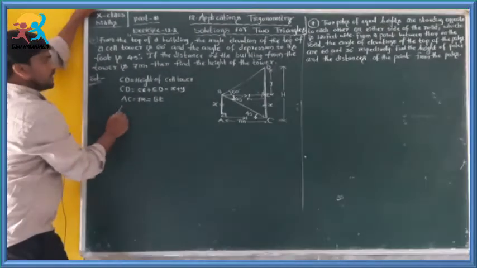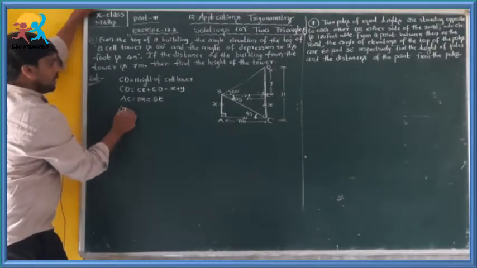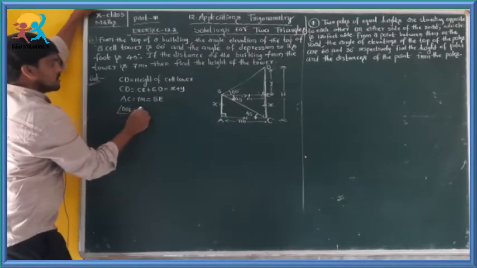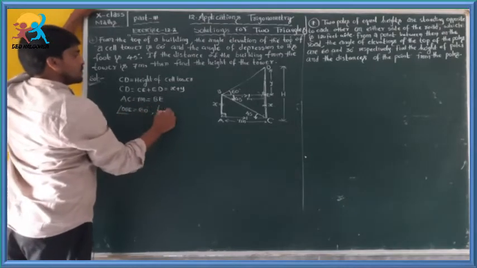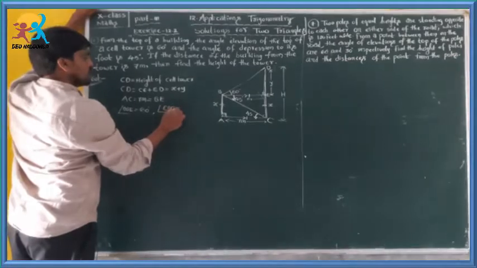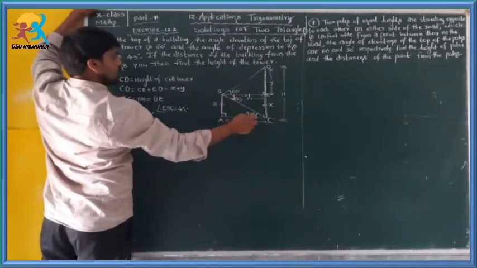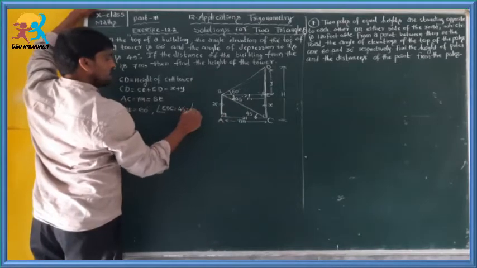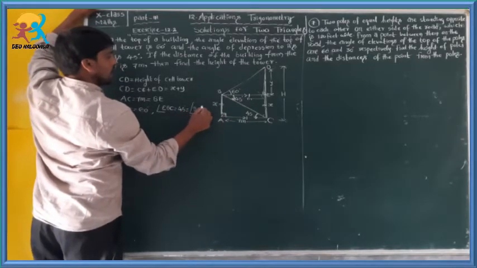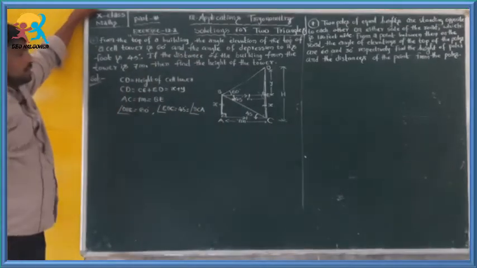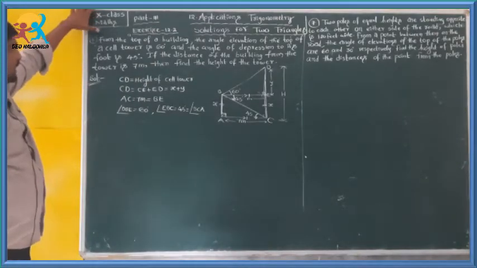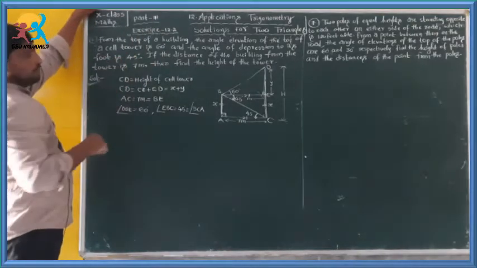And the angle of elevation DBE is 60 degrees and the angle of depression EBC is 45 degrees, but this depression angle is equal to this angle BCA. Okay. These are the information given in the question as well as from the figure.